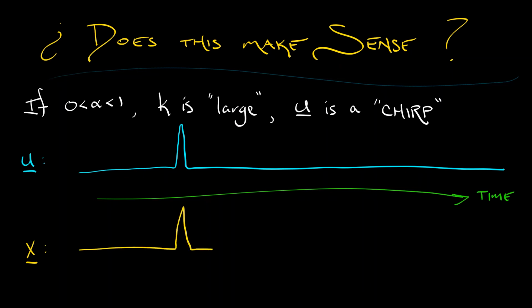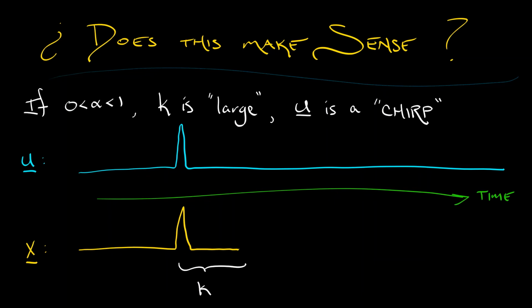When that spike comes in to u, it is transferred completely over to x, and nothing happens to it until k time steps later, where what is happening is you're looking backwards at what your output signal was k time steps ago, and you're multiplying it by this gain, alpha.